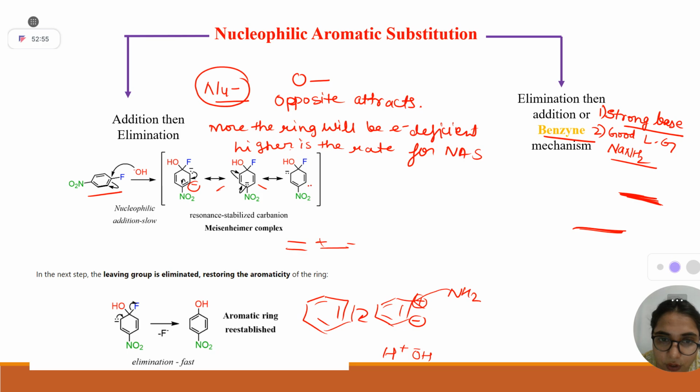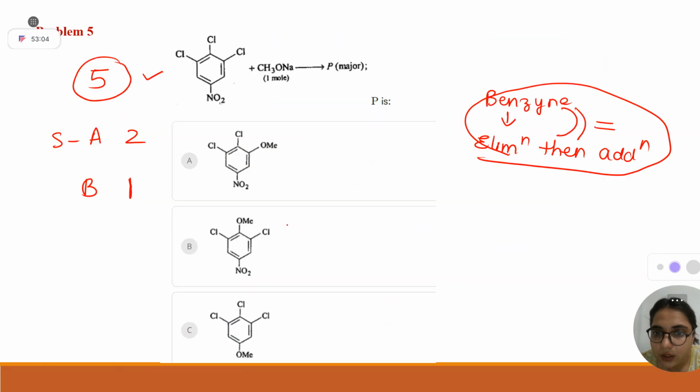This negative charge is only coming at the ortho and para position to your leaving group. So in this question also, you have to eliminate one of the groups, but negative charge will not come at this position if you are removing these two chlorines. So the only nucleophile which can be substituted is the para one. So the correct answer is option B.